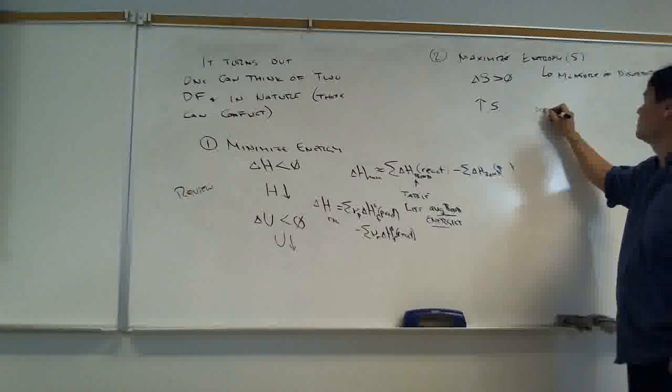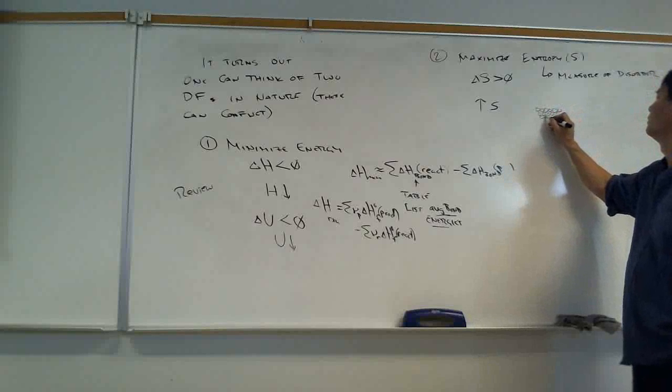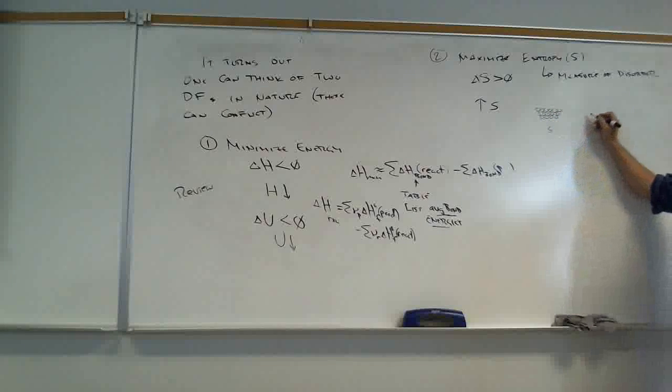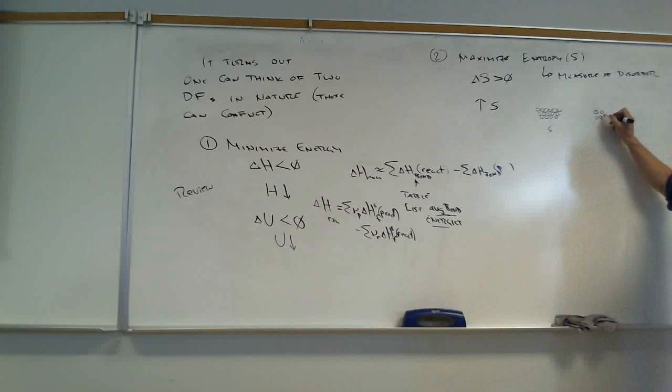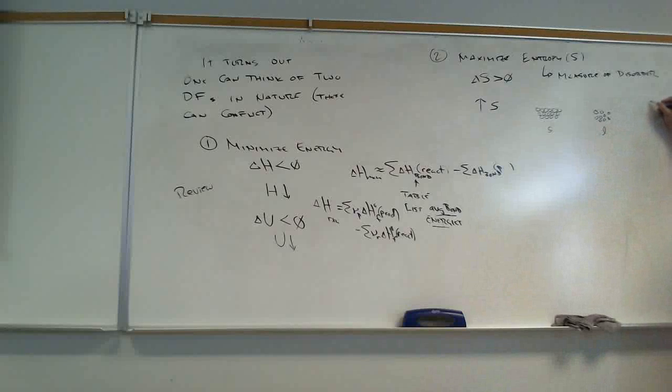So for example, a solid is going to have more order, less disorder than a liquid. A liquid is going to be more random as far as the positions go. And a liquid is going to have more order or less disorder than something like a gas. A gas is going to have the particles more disordered.